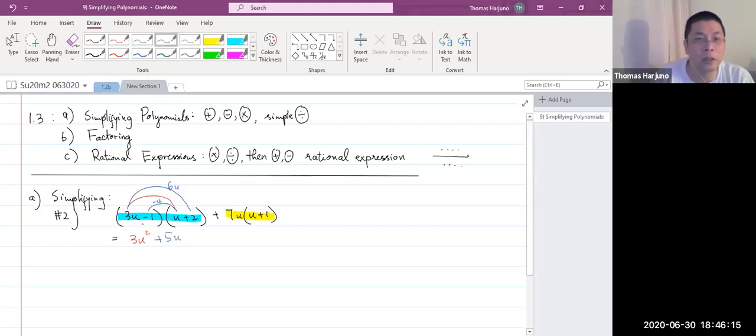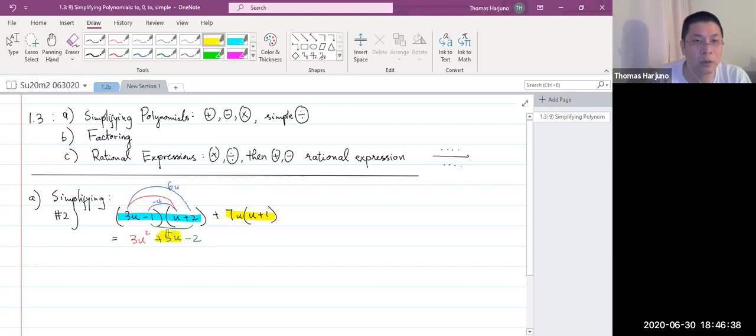And finally, the last will give you -2. My key point here is, if possible, try to skip that middle step of FOIL. Basically, combine the outer and inner right away.